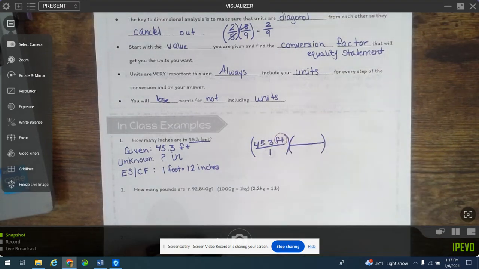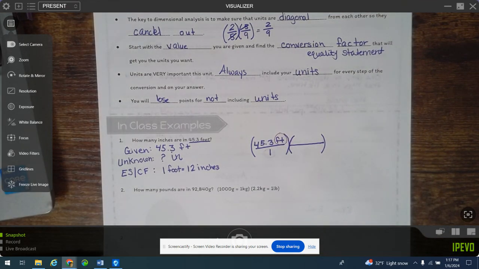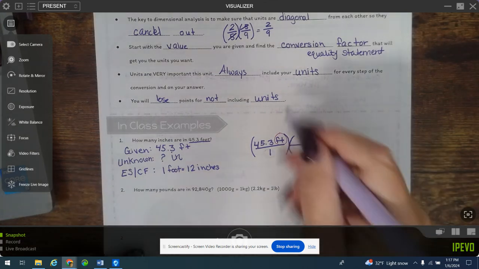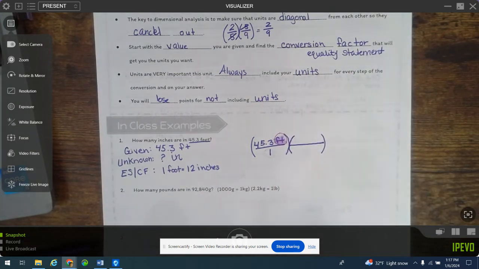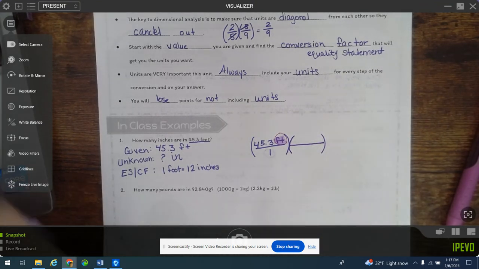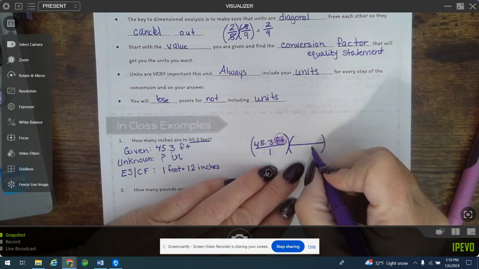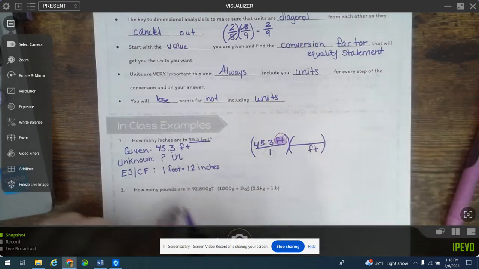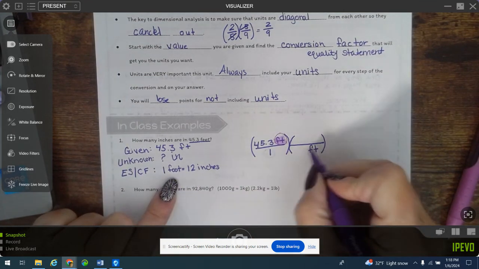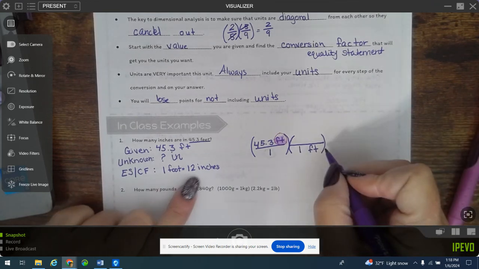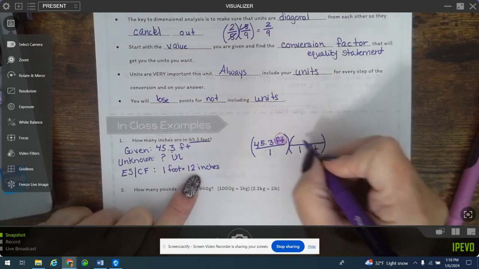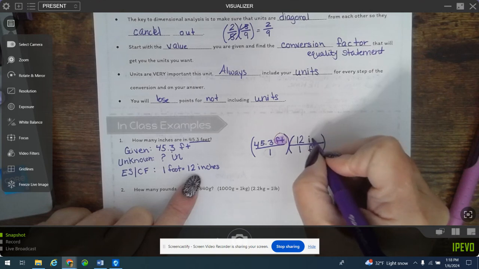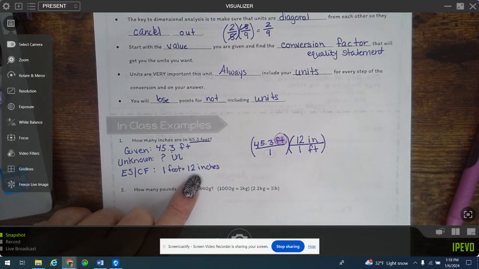Since we have feet here, we want feet to come down on the bottom of our conversion factor. So 1 foot, and then what we're looking for goes on top, is equal to 12 inches.